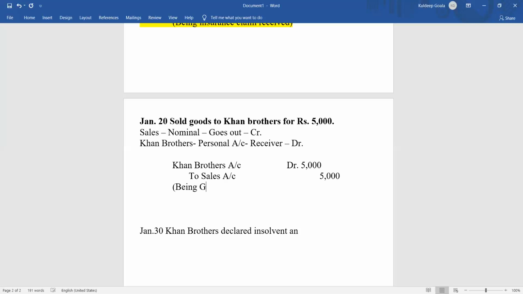Being goods sold on credit. Okay, being goods sold on credit. Right, so this is how your transaction will appear.